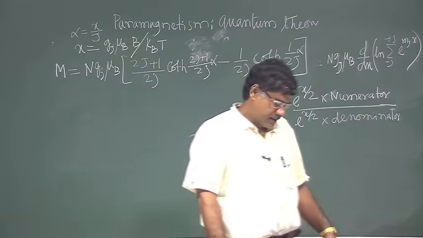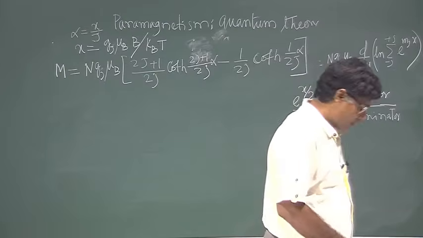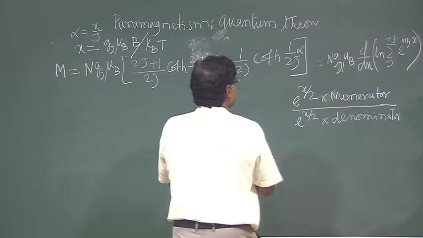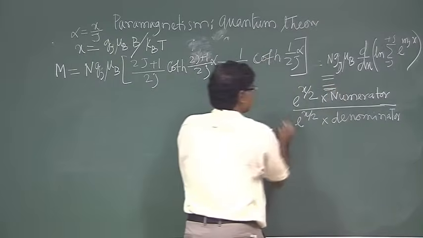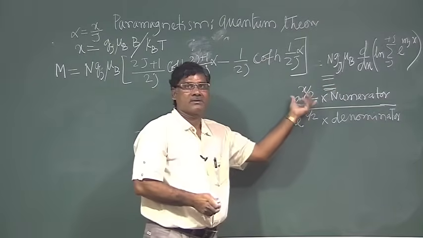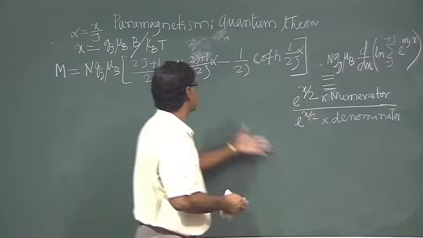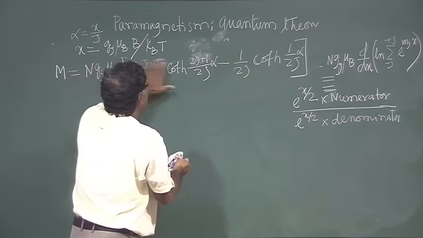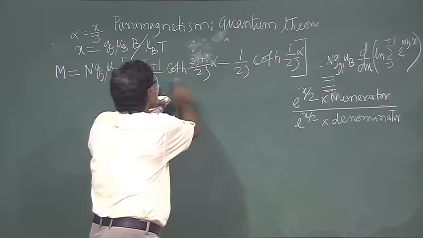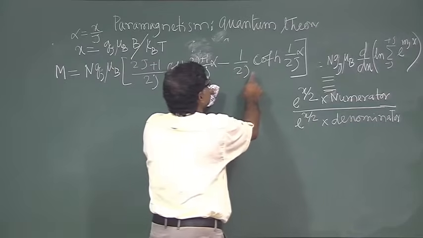Yes, e to the power x by 2. So when you are doing the step, in one step you just have to take this one, then proceed again, and then you will get this type of format, except the j here.